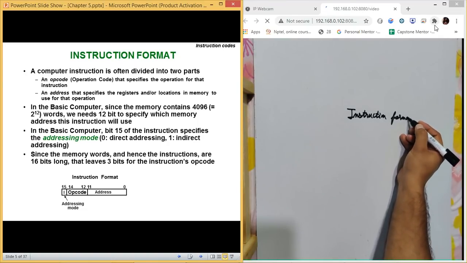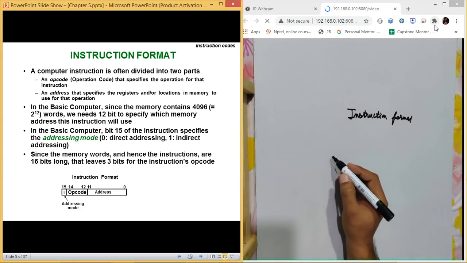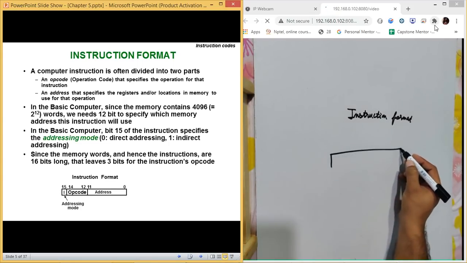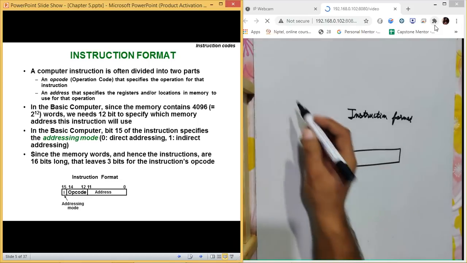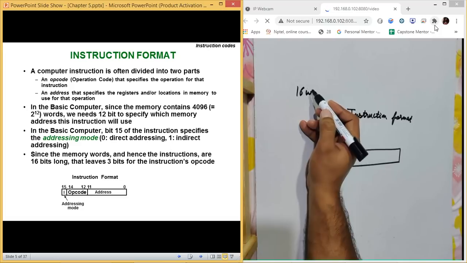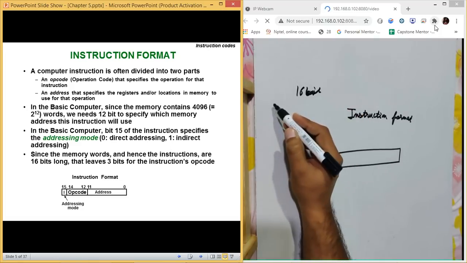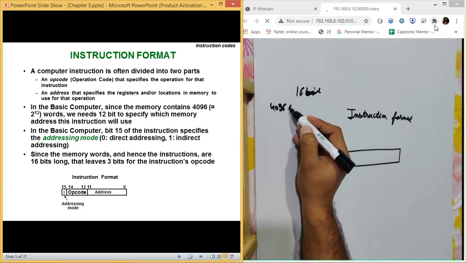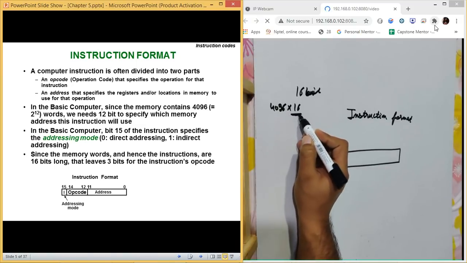So inside the instruction format, the total length will remain the same, because the maximum size which our memory can store is 16 bits, since it was 4096 x 16. So the maximum length which we have chosen is 16 in this case.